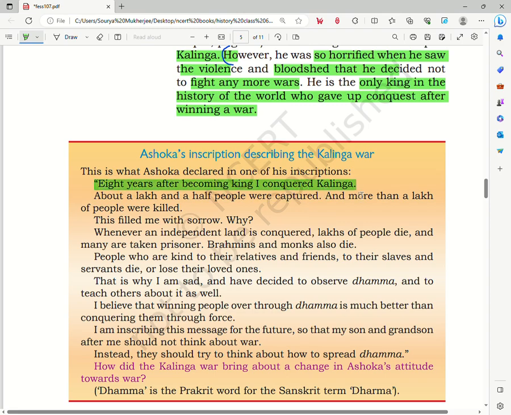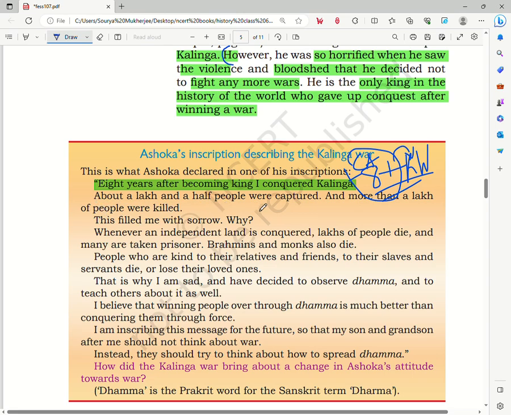From this line, we can get the idea of the time of the Kalinga war. That is, if we know the timing when Ashoka became king, then 8 years after the coronation of Ashoka, there was the Kalinga War.